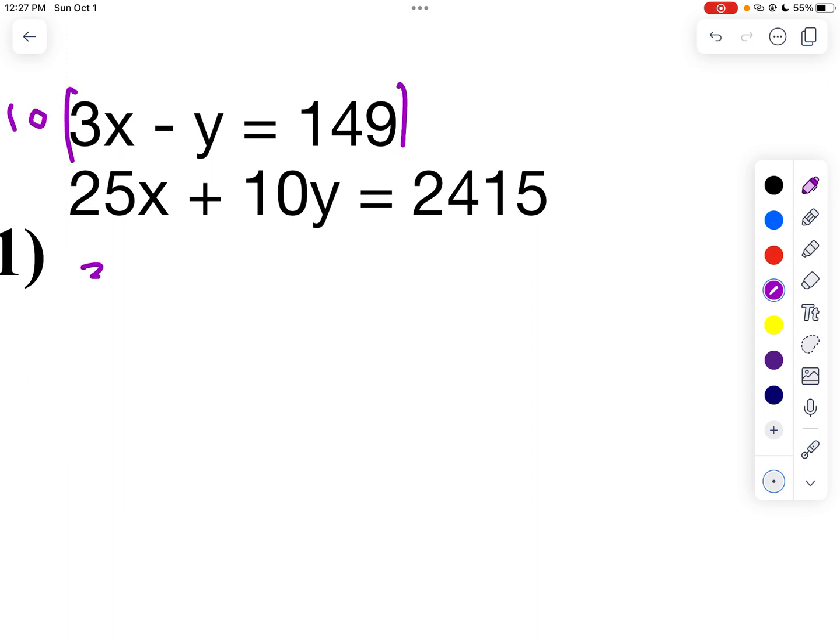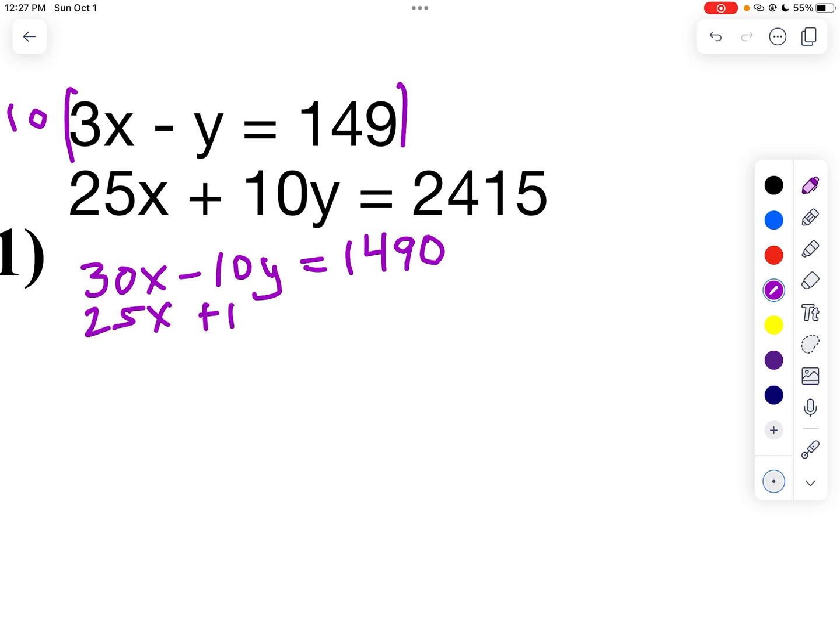So we get 30x minus 10y equals 1490. And my second equation is 25x plus 10y equals 2415.